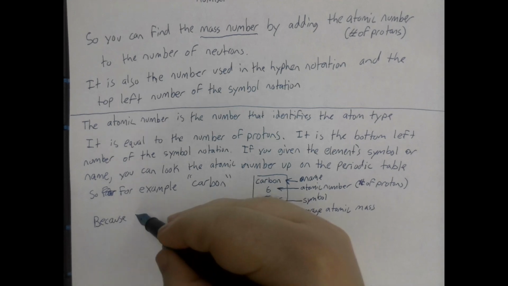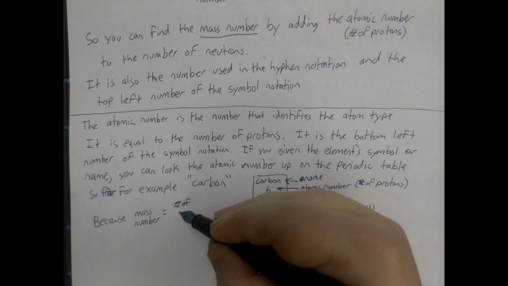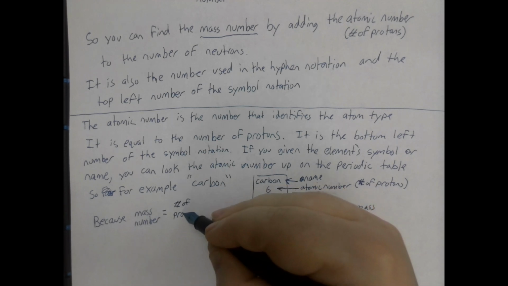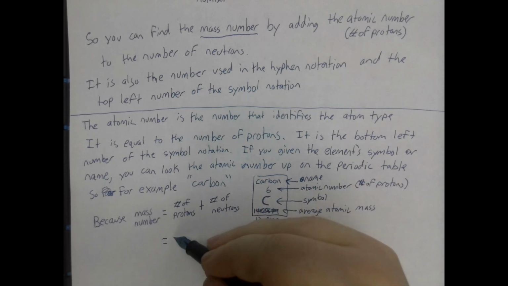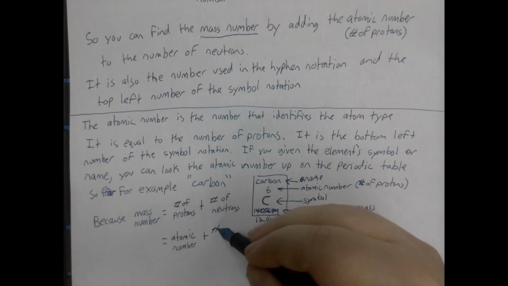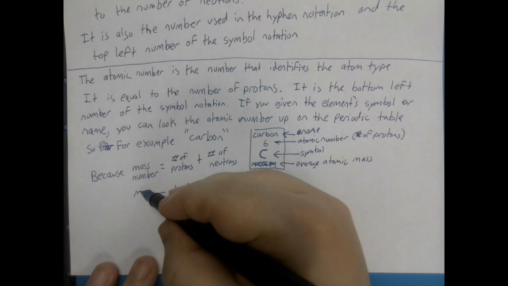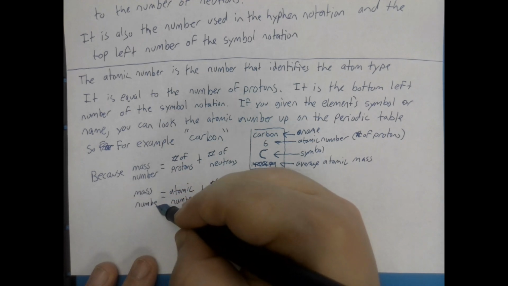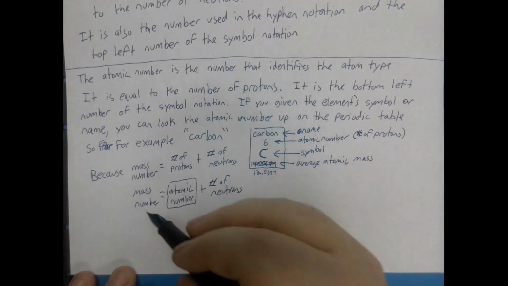Because mass number is equal to number of protons plus number of neutrons, and number of protons is atomic number, doing a little bit of math, we can solve for atomic number.